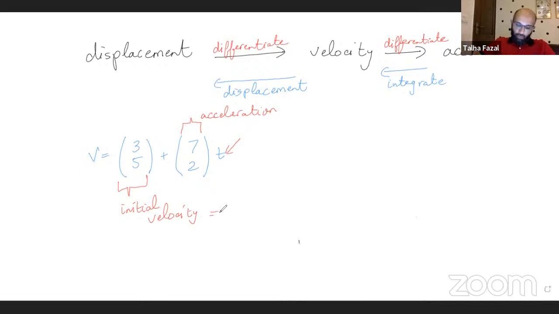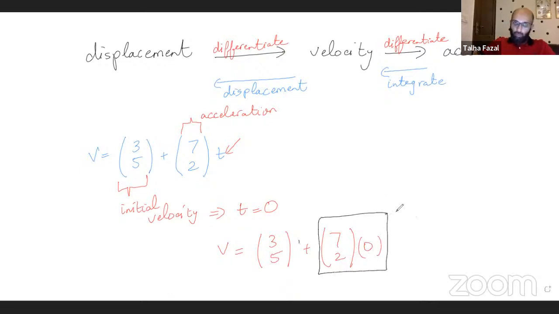Now, how do we find the initial velocity from this vector? Obviously, initial velocity is when time is 0. So you substitute the time as 0. The velocity vector will simply be this: 7, 2 multiplied by 0 becomes 0, and we'll only be left with 3 and 5.